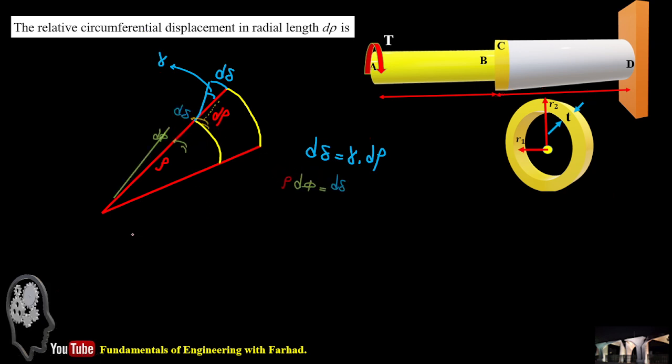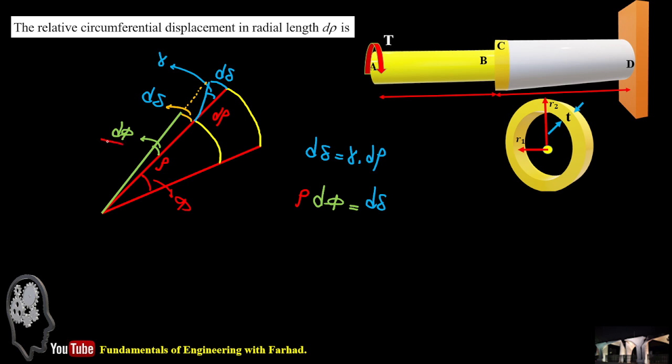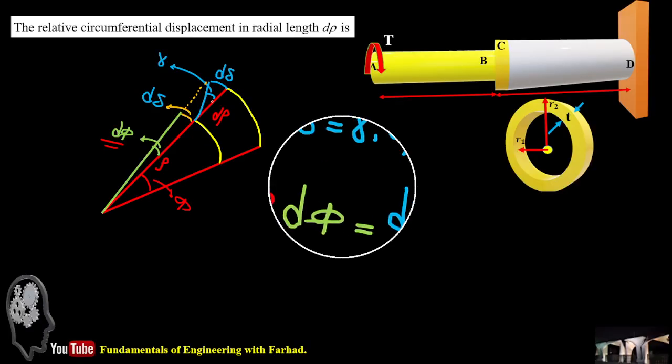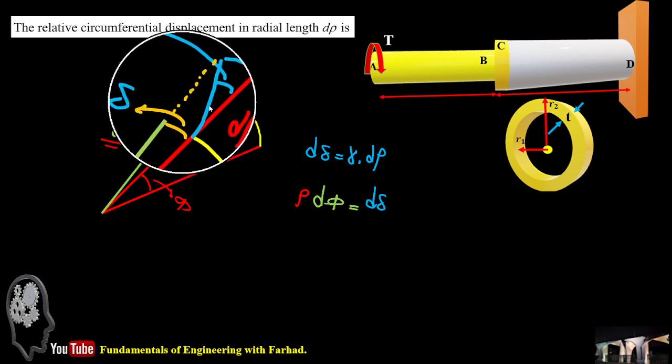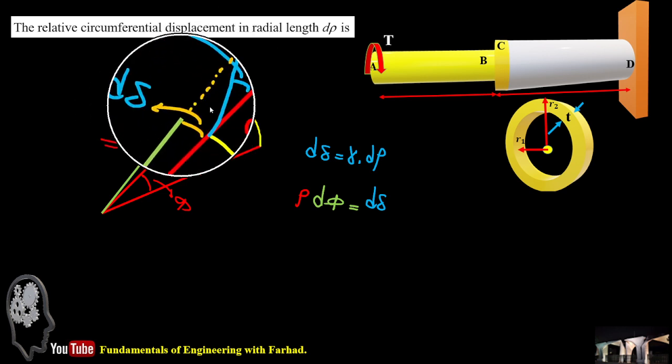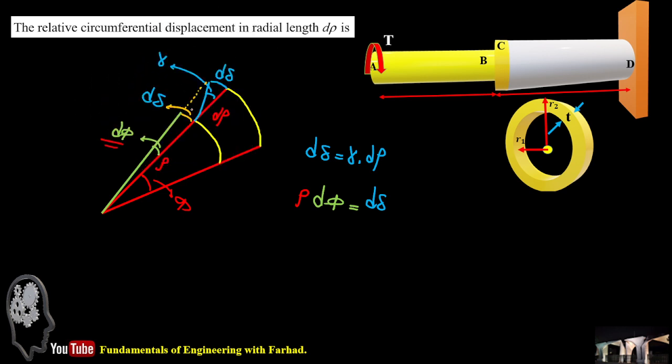At the same time, if you create a small angle like d phi over here, this is our phi, and this is the small elementary form of that, and it creates d delta. If this distance is small enough, we can say d delta is equal at both, up and down. So another relation for d delta is rho times d phi.